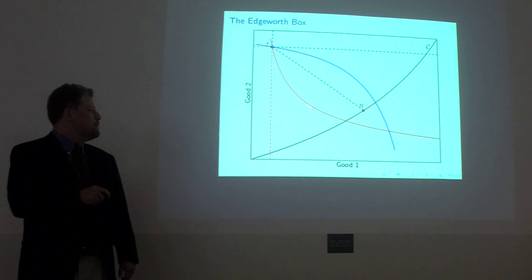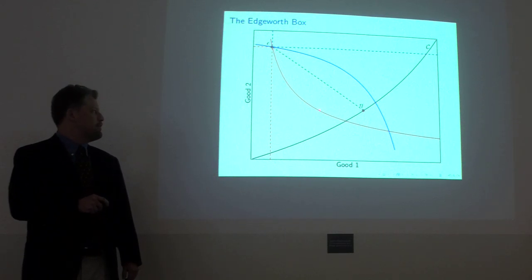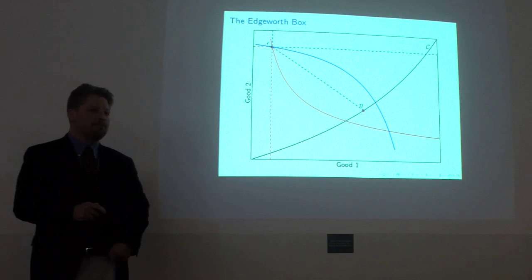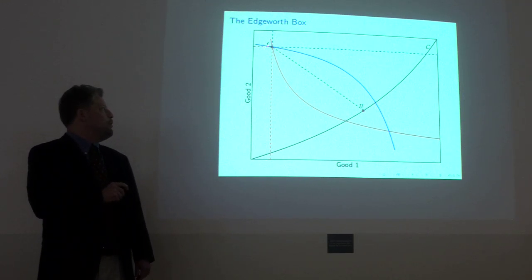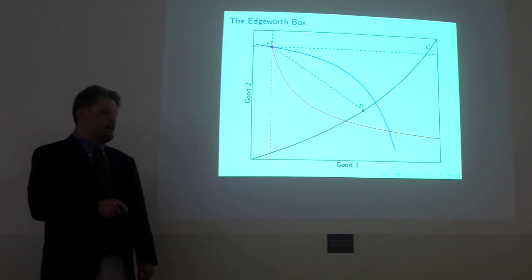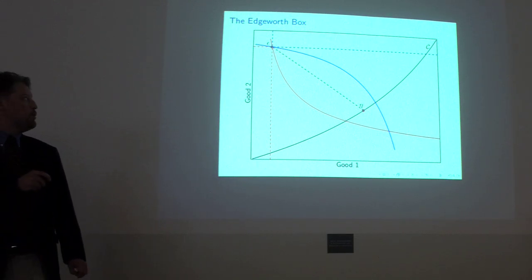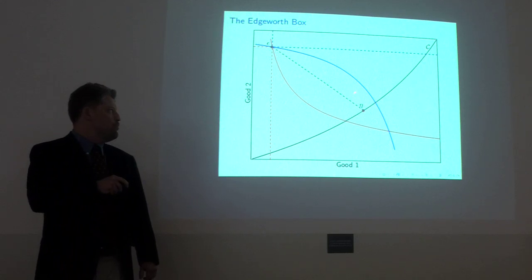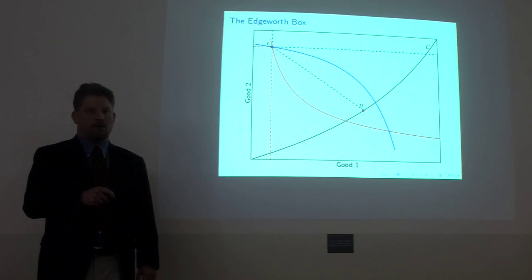This is the indifference curve. I draw it through the endowment. This is the set of all bundles in this commodity space that keeps the agent equally happy. This is the same indifference curve for the other agent. They're facing different ways because as this agent moves this way, it gets better off.